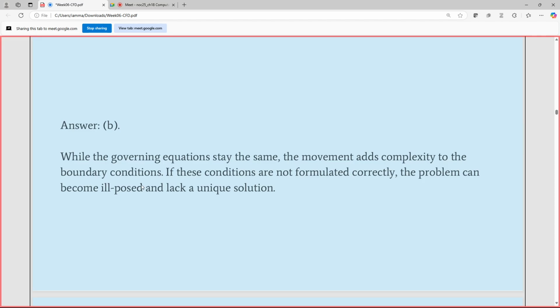These boundary conditions have to be formulated in such a way that they do not make the system of equations lack a unique solution. Then it will be an ill-posed condition. So we have to give consideration to framing special boundary conditions for the moving boundaries.